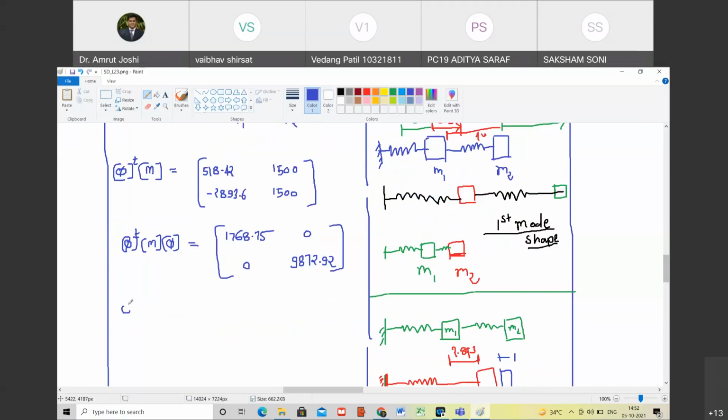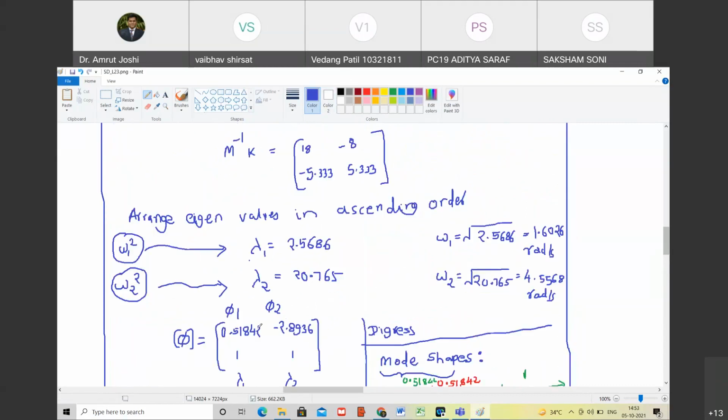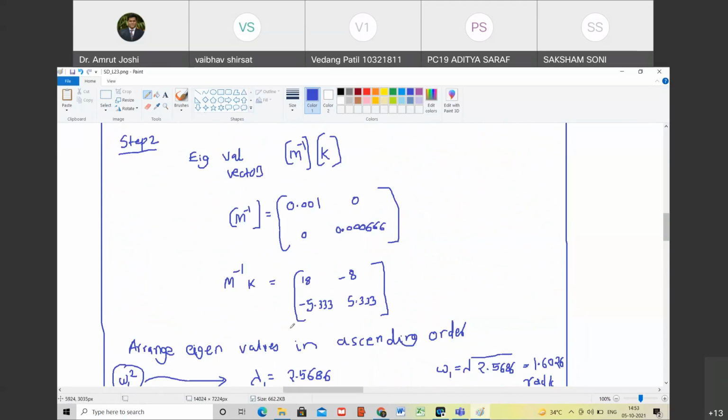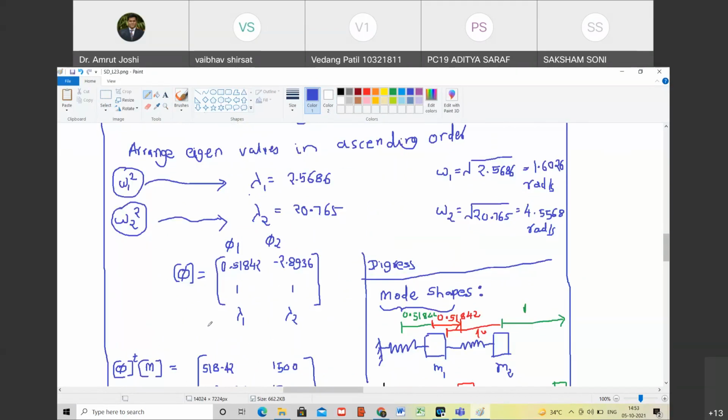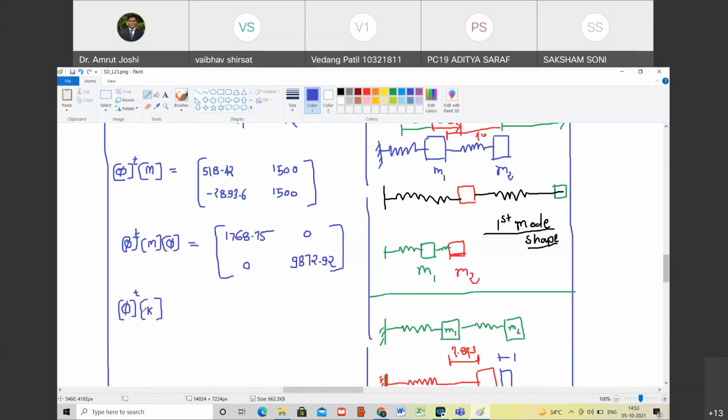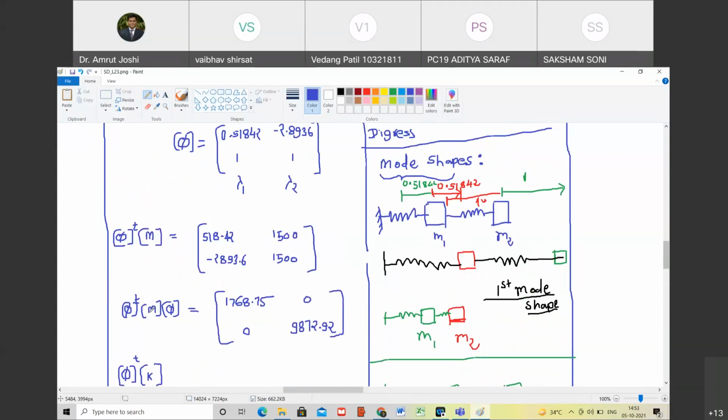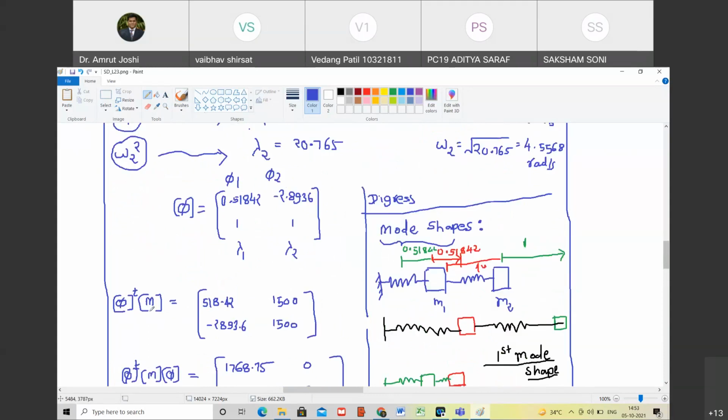Now let us try to find out phi transpose K phi. Happy? Yes, sir. We are going to deal with phi transpose K. So have you written down the value of the K matrix? 18,000, minus 8,000, minus 8,000, 8,000. That we will remember. Okay, that's fine. Yes. Have you written down the value of phi transpose? Have you written the value of phi or not? Yes, sir.